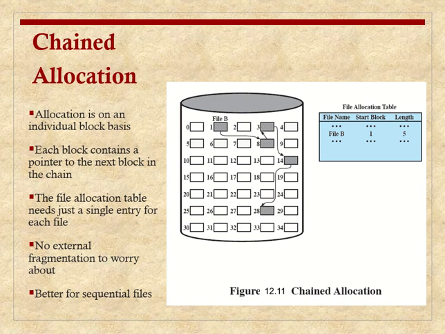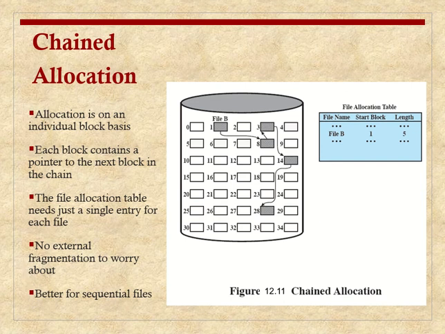There's no external fragmentation. However, there is no accommodation of the principle of locality. So it is necessary to bring in several blocks of a file at a time, as in sequential processing.